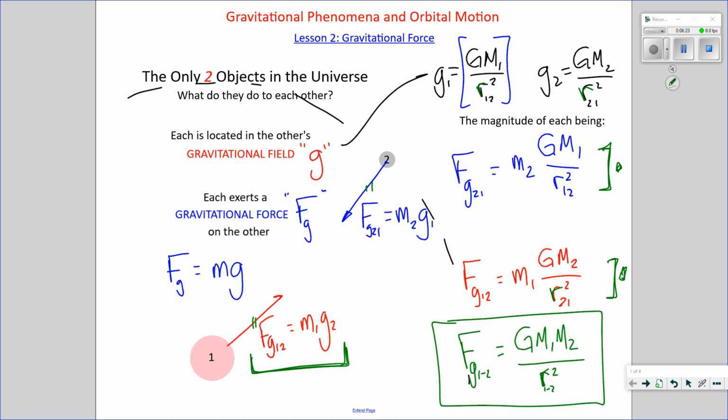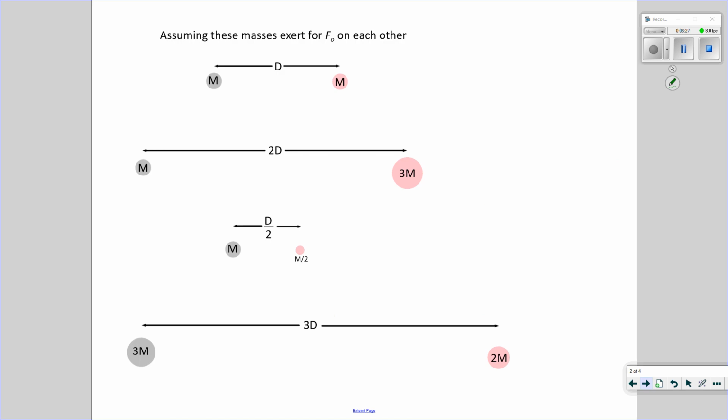So let's use this expression and talk about some of the quantitative nature of it. Let's assume that these two masses exert a force that we'll call F naught on each other. Well, that means we can define force F naught as G M M over D squared.